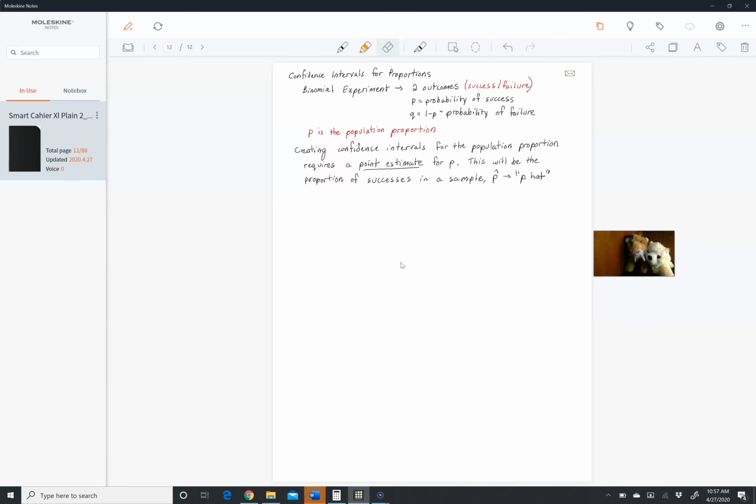Let me rephrase. The proportion of successes in the sample, which is our point estimate, is almost never the same as the proportion of successes in the population. So we need to create this sort of confidence interval. Okay, so let's talk about how we would do that. And we're going to create a confidence interval based on this real data that they found. Okay.